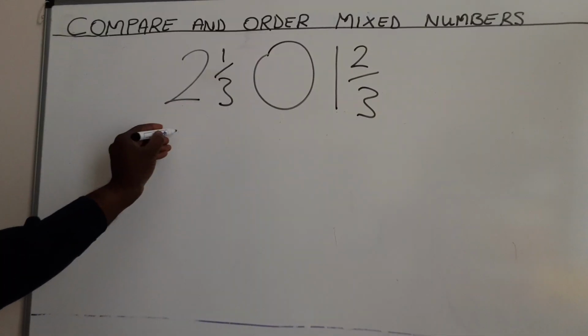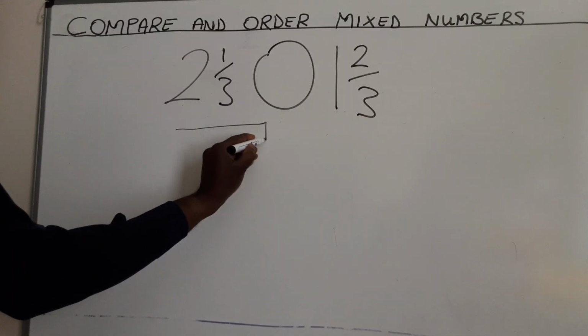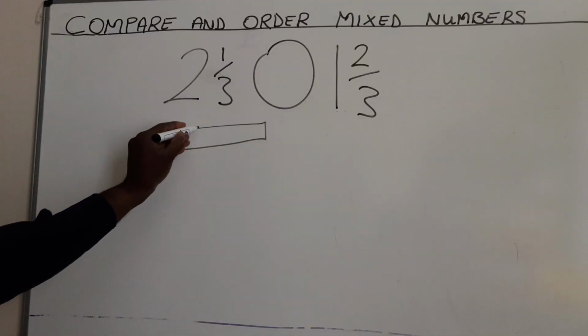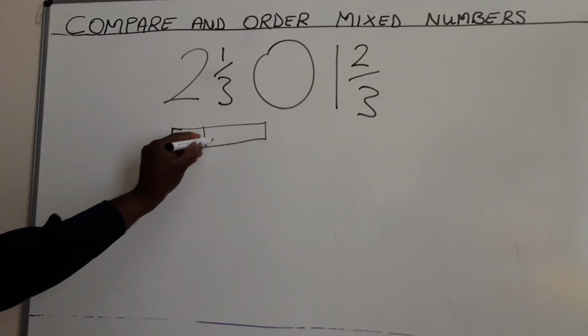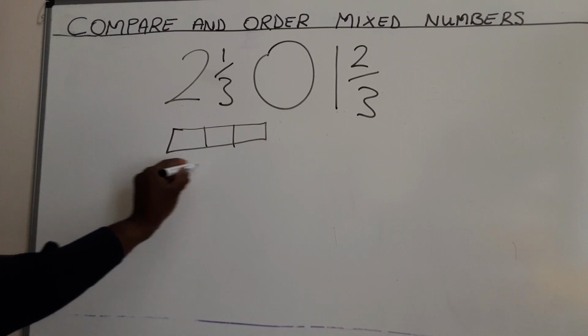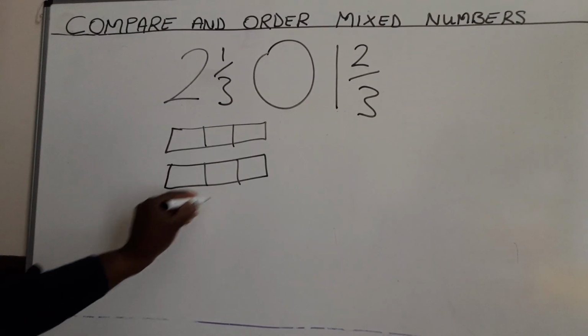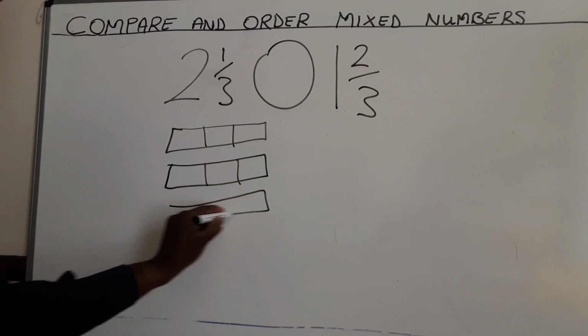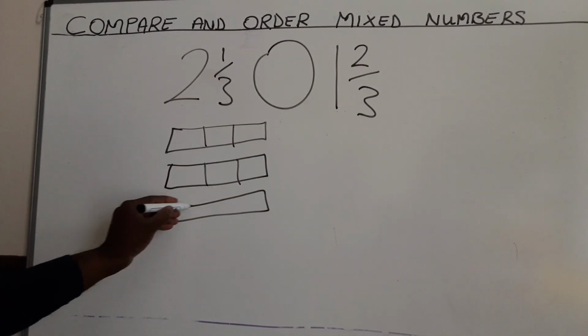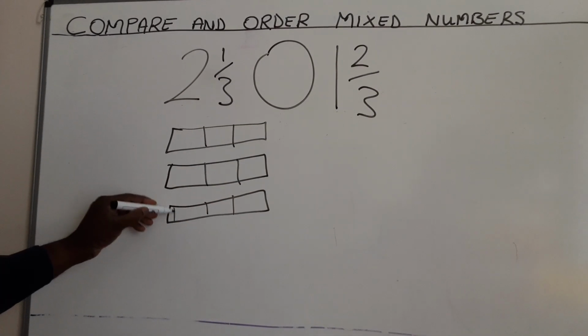So we have 2 whole, so let's draw our bar. And the denominator is 3. And we have 2 whole. So this is our 2 whole. And this is 1/3. So we shade one of it.